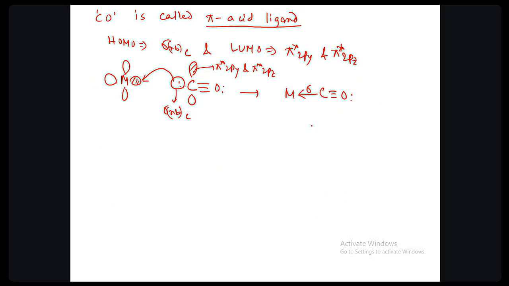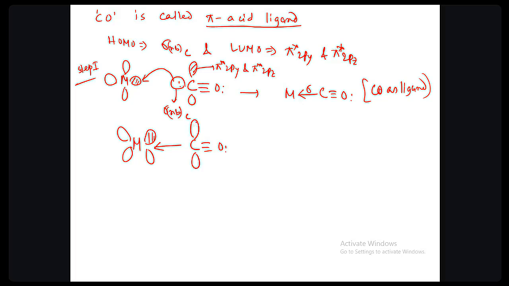This is step one. Here CO acts as a ligand because it donates its non-bonding electron pair to the metal to form a coordinate bond. Then the metal has filled orbitals dxy, dyz or dzx. So now the metal has C triple bonded O.